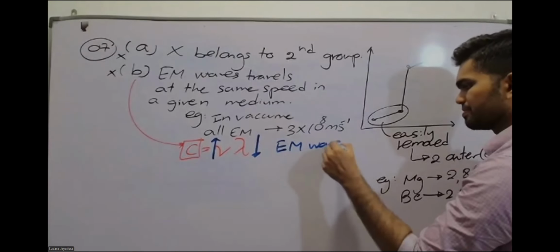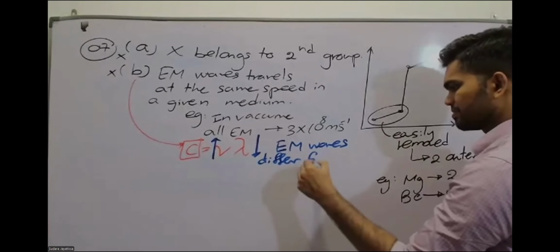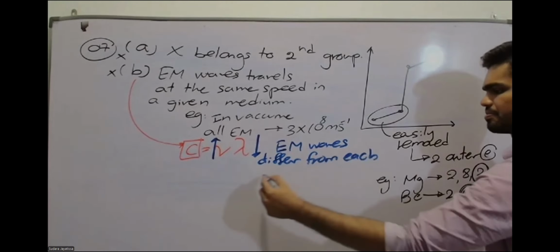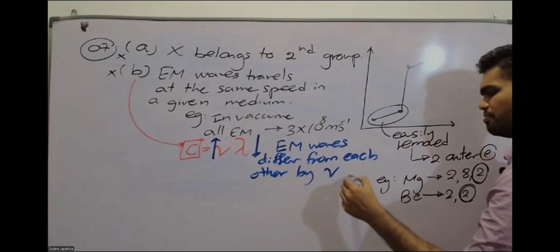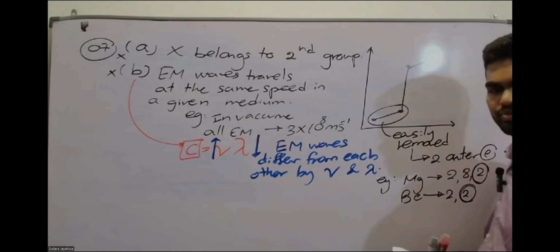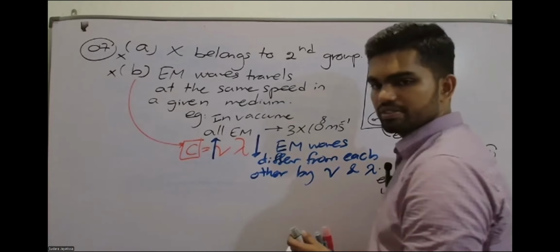So you can write that too. EM waves differ from each other by frequency and wavelength. Okay, so that's the explanation. Good, good.